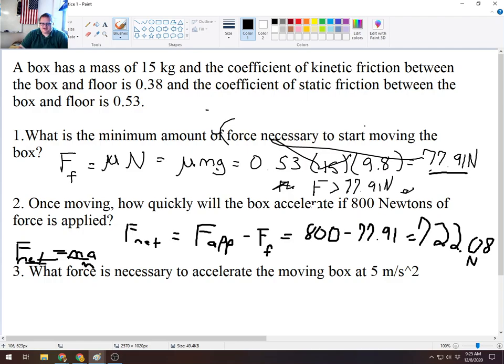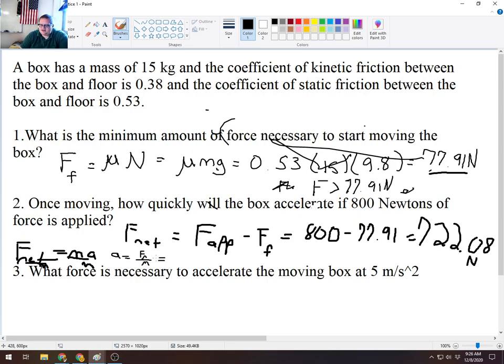I tried to reboot it again, but it didn't work. Divide both sides by the mass, and so the acceleration is just going to be F net divided by the mass.